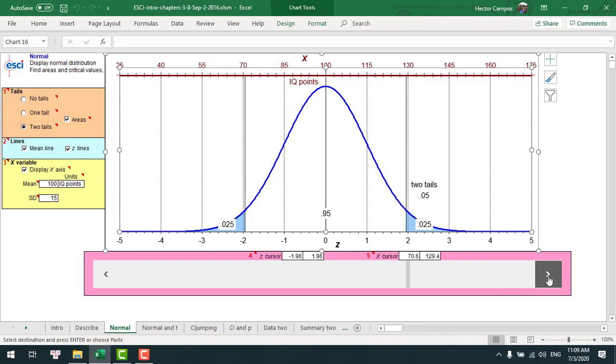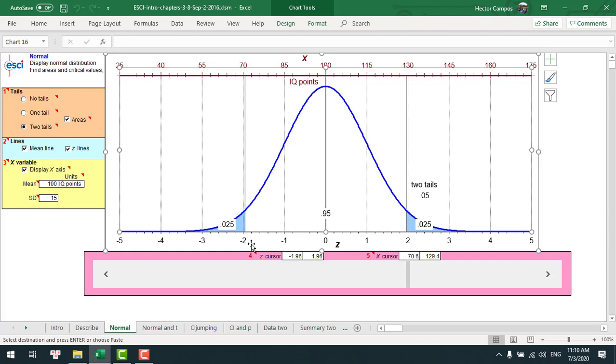I went over a little bit. Okay, so I have 95.04, 94.99, come on, 95. It's very hard. Okay, here we go, 95%.